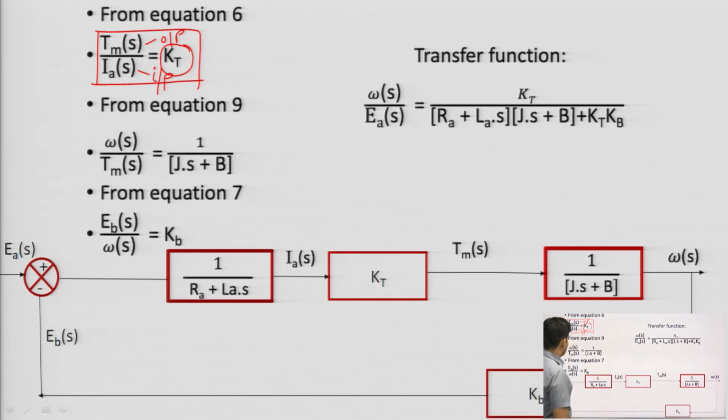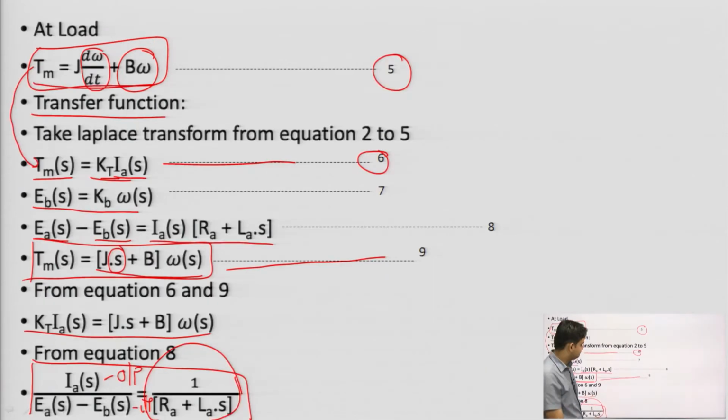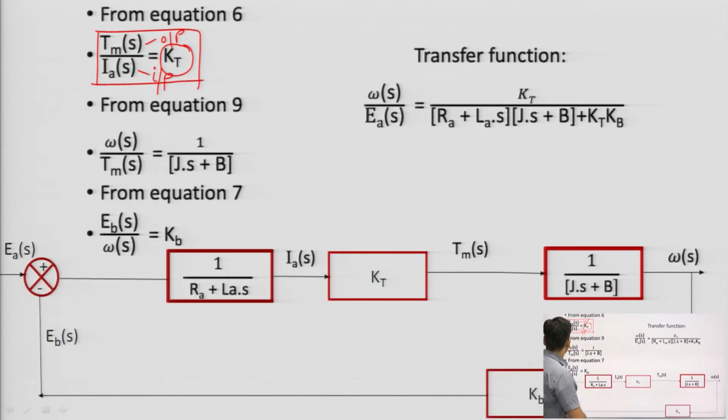The same way from equation number 9, at the final stage my output is omega of s, so I would like to arrange the equation in terms of omega of s. So omega of s is the output, the motor torque is the input, and this is the transfer function.